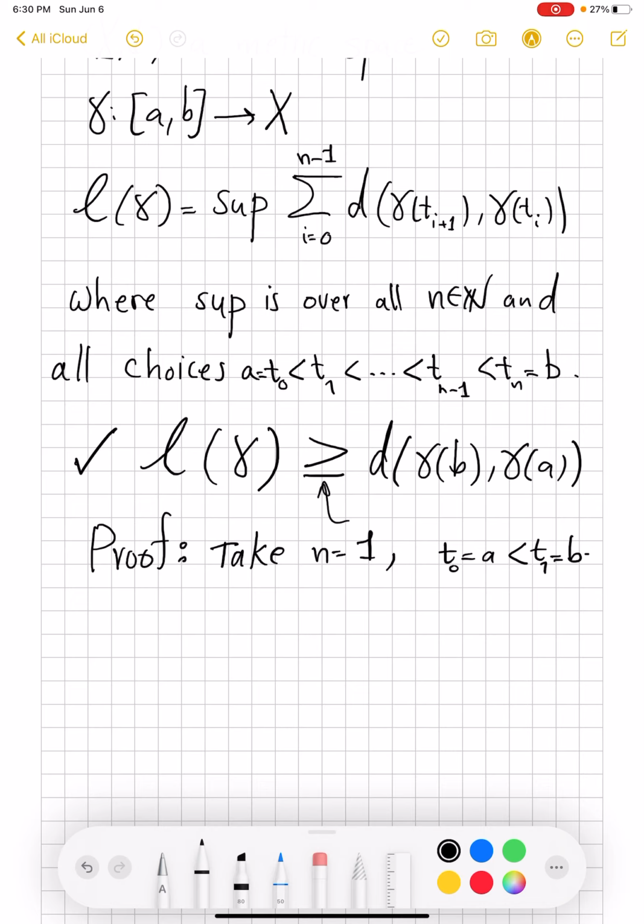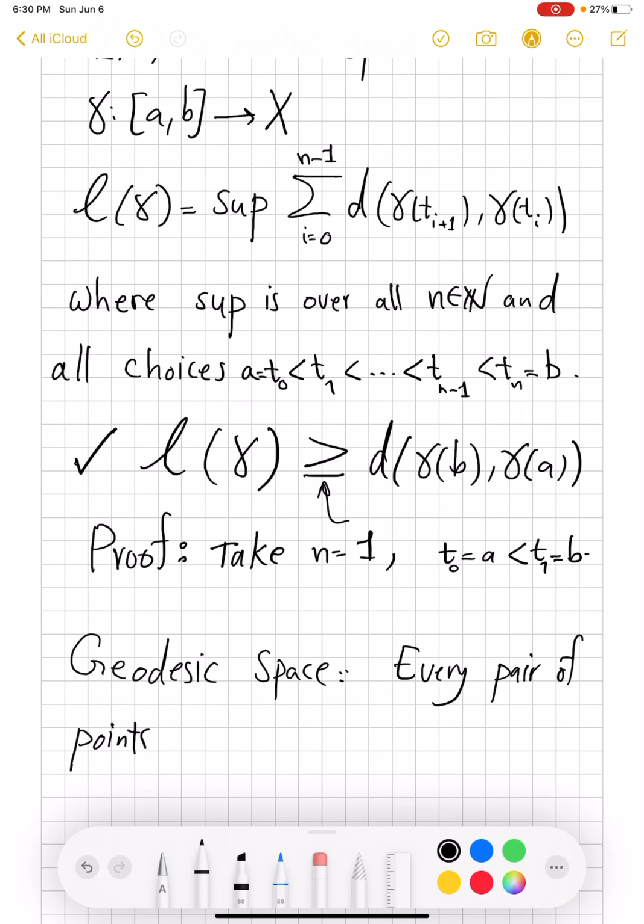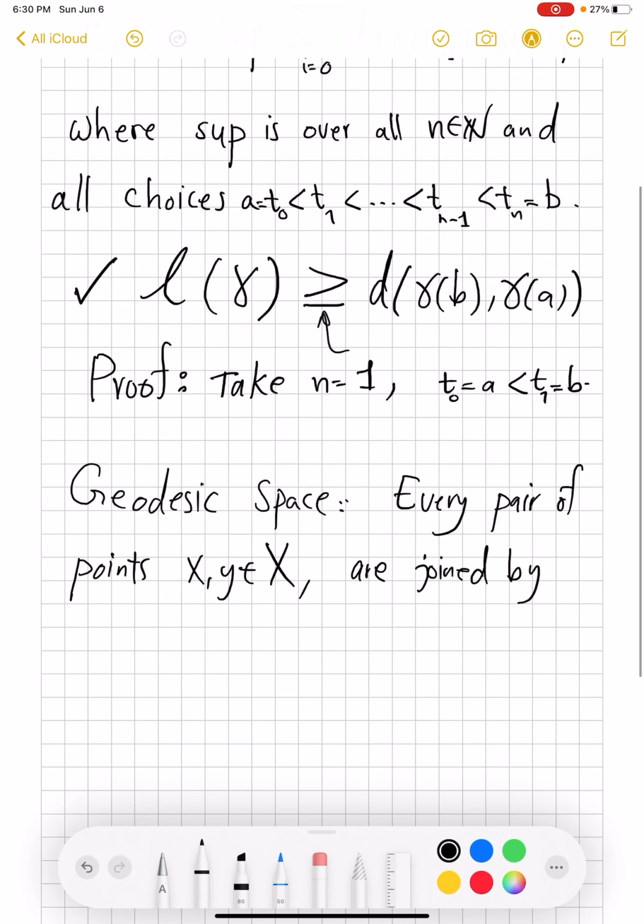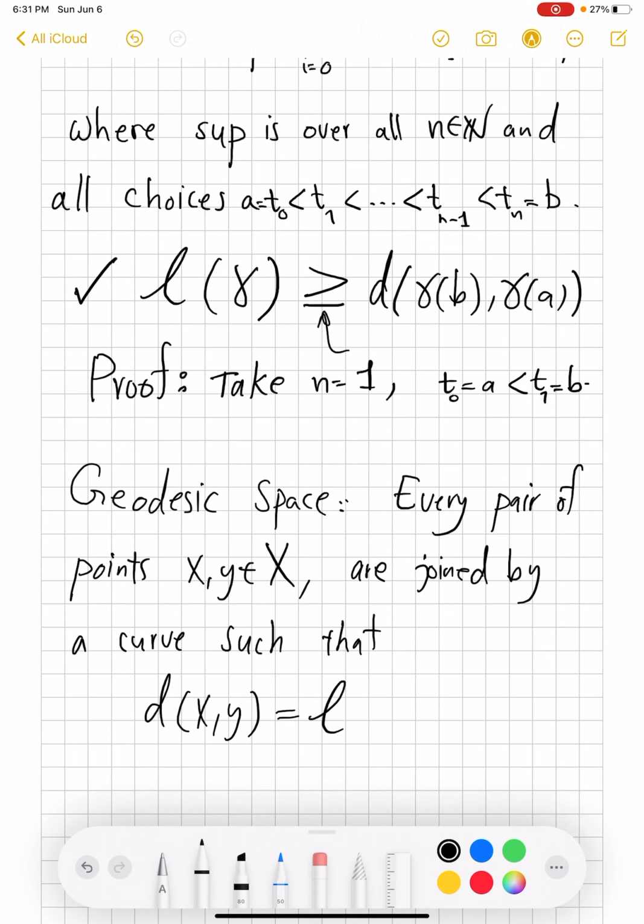So, a geodesic metric space is one where for every pair of points x and y in your space, they are joined by a curve such that the distance of x from y equals the length of that curve.